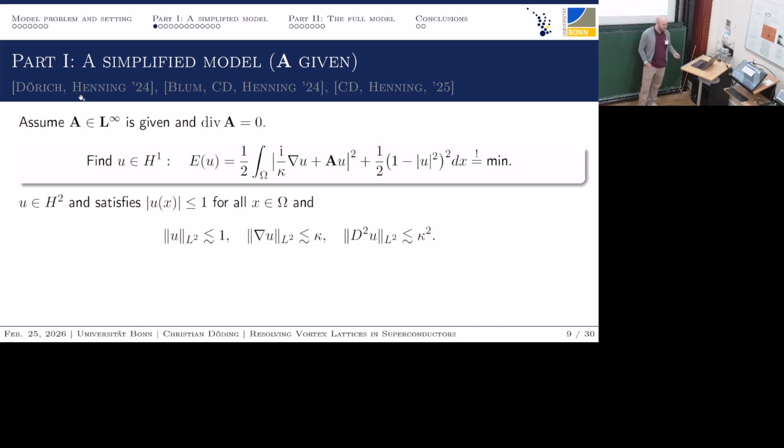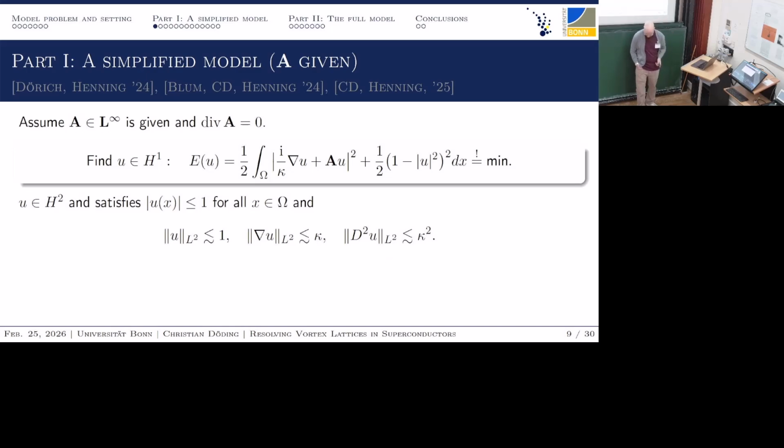And the important observation is, if you consider the L2 norm of it, you can bound it independent of kappa and, later on, there will also be mesh sizes involved. So this tilde notation here means there is some constant independent of kappa, in this case, and later on also independent of some mesh sizes. But the gradient scales with kappa, and the second derivative scales with kappa squared.